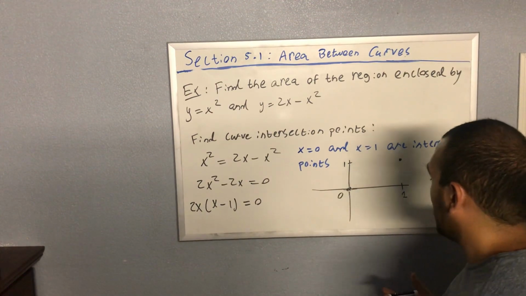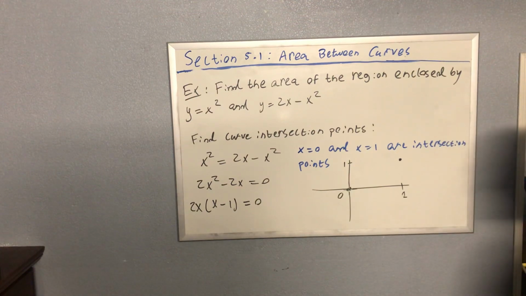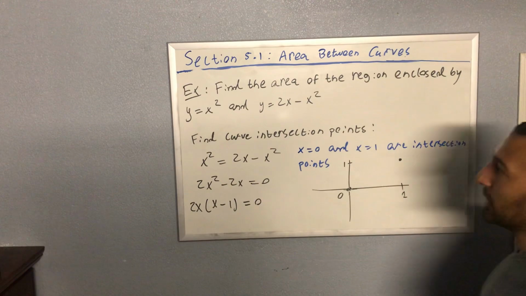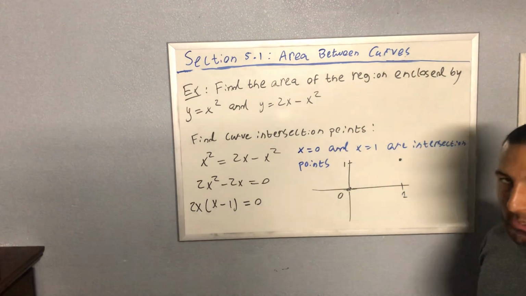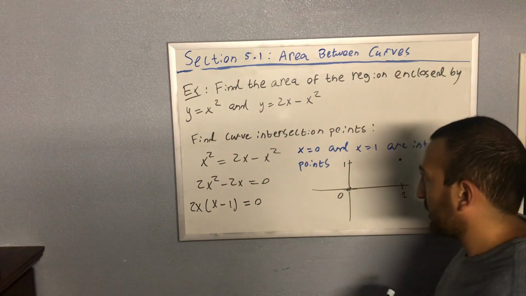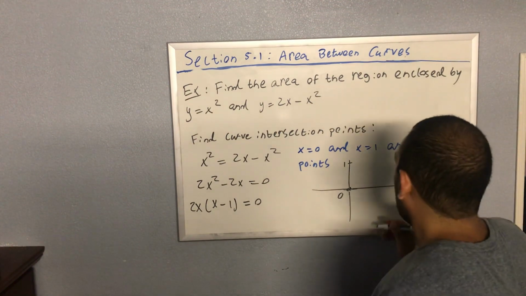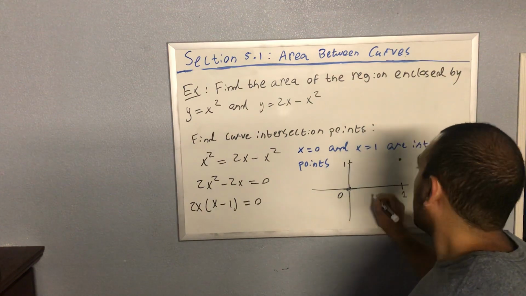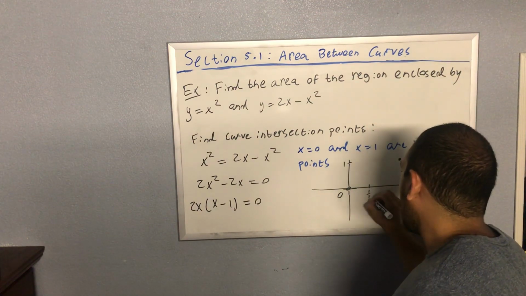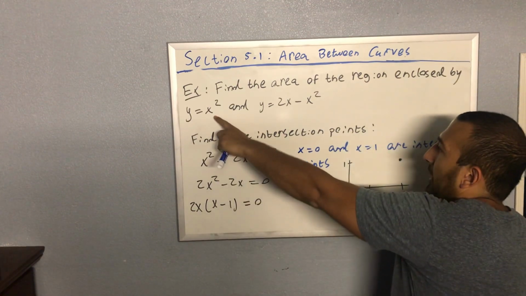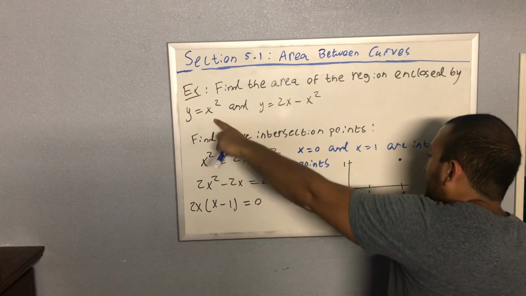That's what we found. Now, let's think about an intermediate point, because we need to figure out which curve is on top and which curve is on bottom. Okay? So, if we look at an intermediate point, let's say 1/2. If you stick 1/2 into here, you'll get 1/4, right?